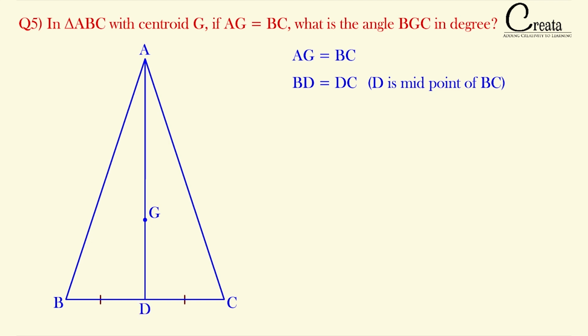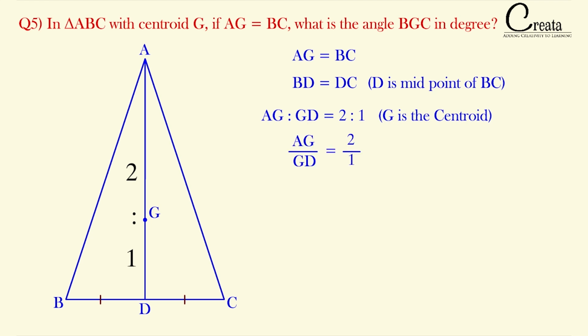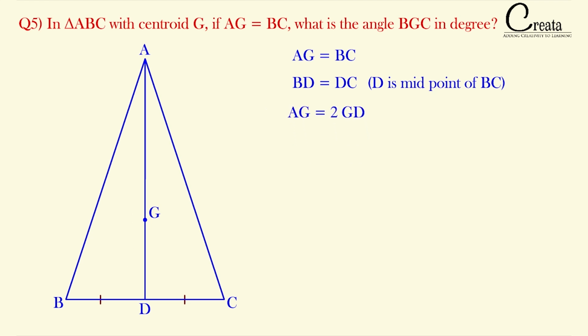The second observation is that the centroid divides the median in the ratio of 2:1. That means AG is to GD is equal to 2:1. That is, AG upon GD is equal to 2/1. We got AG is equal to twice of GD. This is our second equation. In the question, it is given that AG is equal to BC.